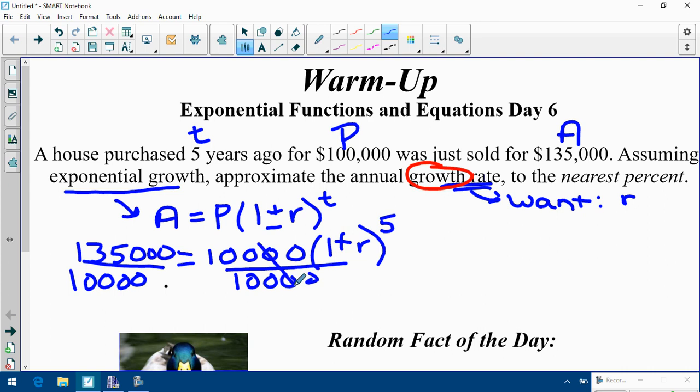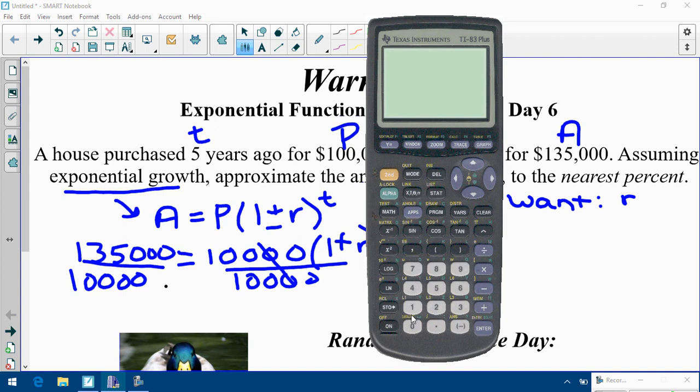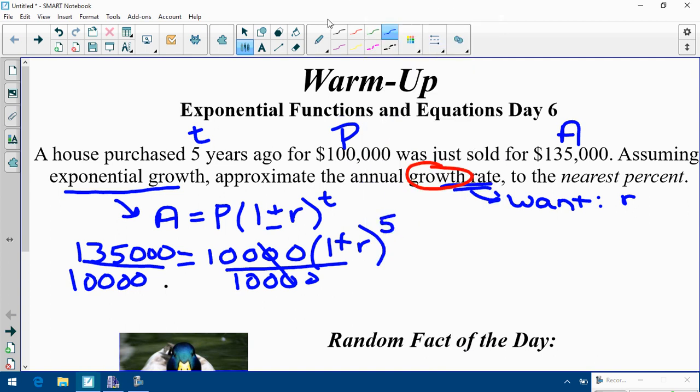That cancels out over there. Pull up my calculator here. I've got 135,000 divided by 100,000, and that's 1.35. So we've got 1.35 equals 1 plus R to the 5th.